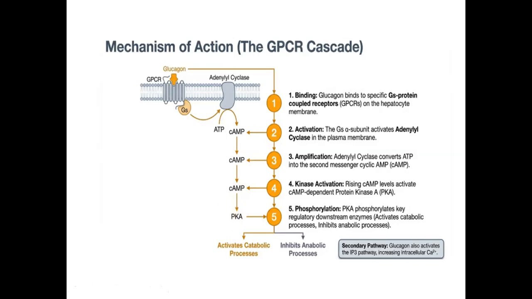So this is how glucagon acts via the GPCR cascade, and glucagon also activates the IP3 pathway and increases the intracellular calcium.